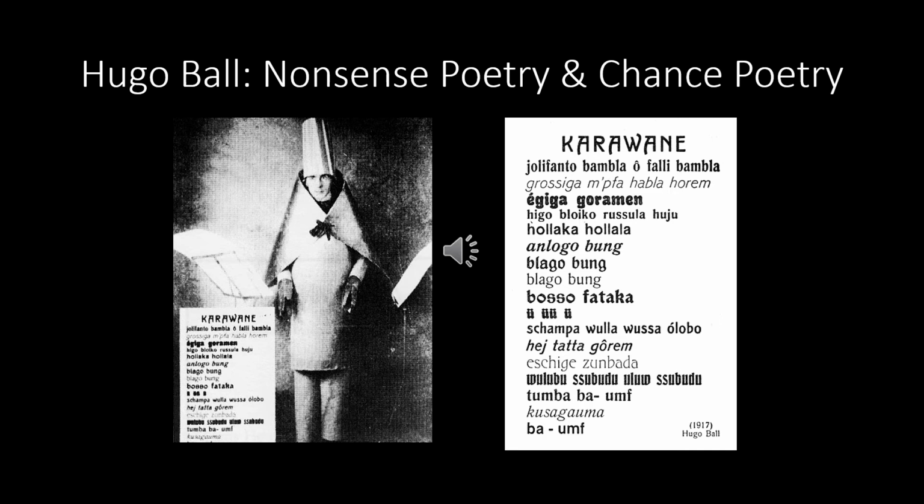He invented this language. It makes no sense. It's just sounds. Jolifanto bambla, o falli bambla, means nothing in any language. So it's nonsense poetry. There is no meaning, just as there is no meaning in life. We've destroyed any sense of meaning through the meaninglessness of war.